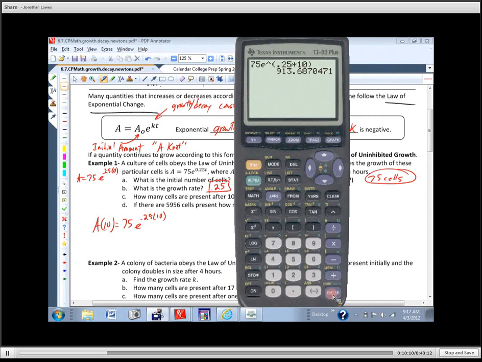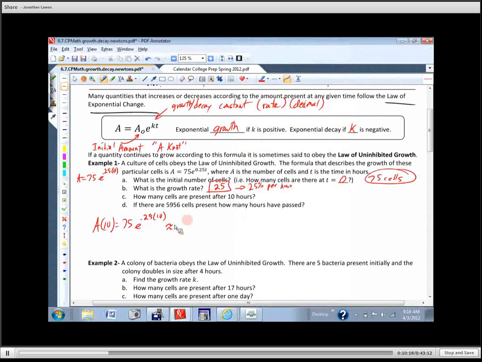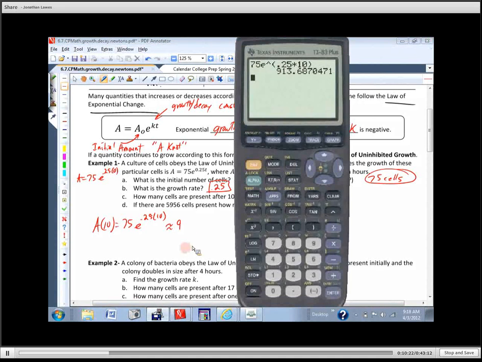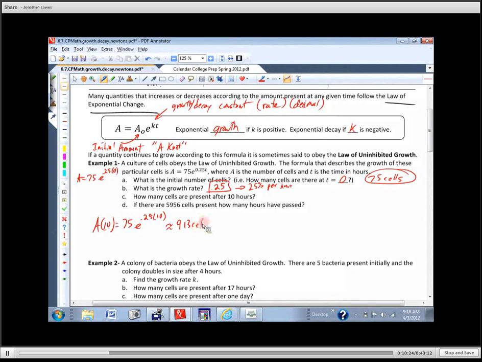Now because we can't have 6/10, 7/10 of a cell, we're just going to say that this is approximately 913. Okay, so this is 913 cells.